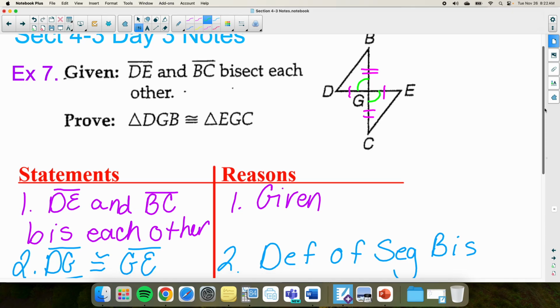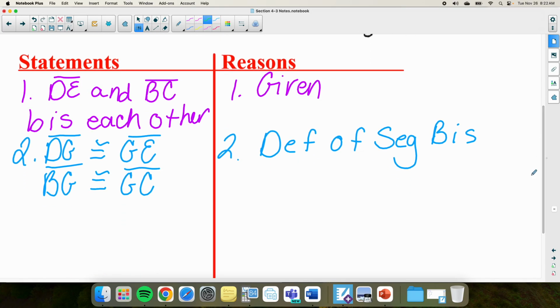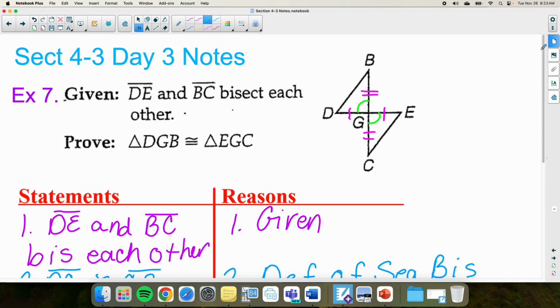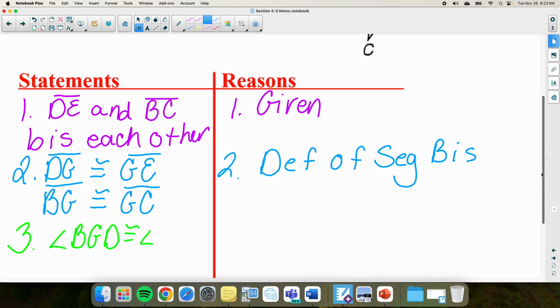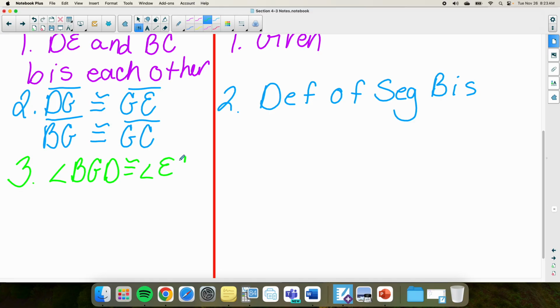And here we have to use 3 letters, so we can say angle BGD is congruent to angle, and you could say EGC or CGE. EGC, okay, and that is vertical, VERT, then you can do the angle symbol, and then THM for theorem.